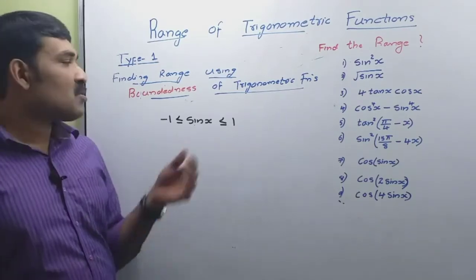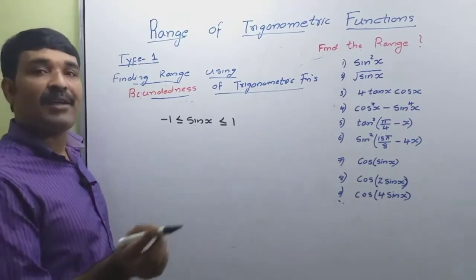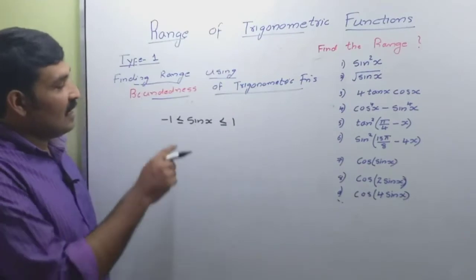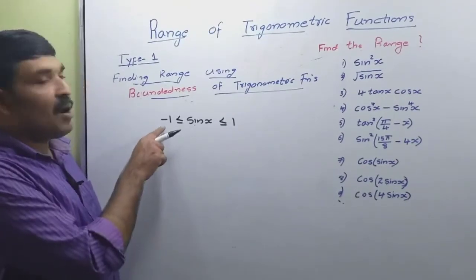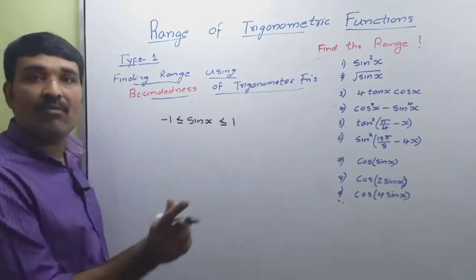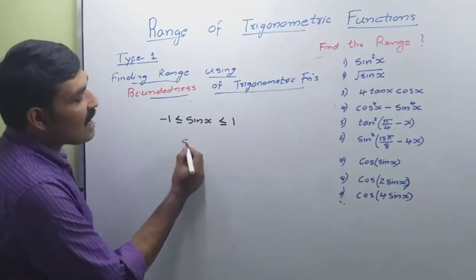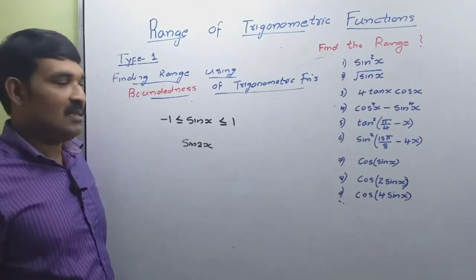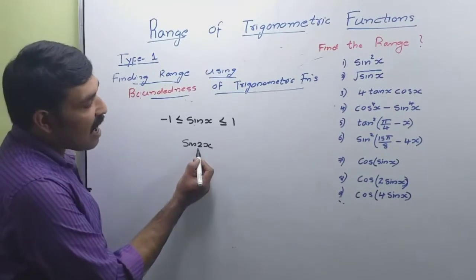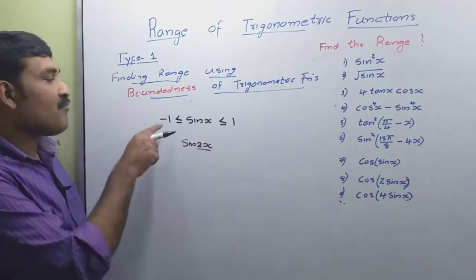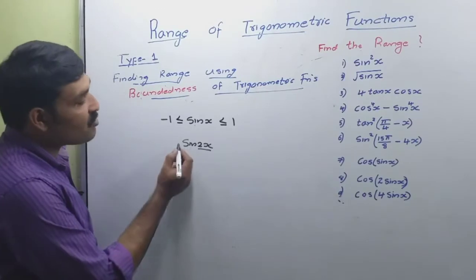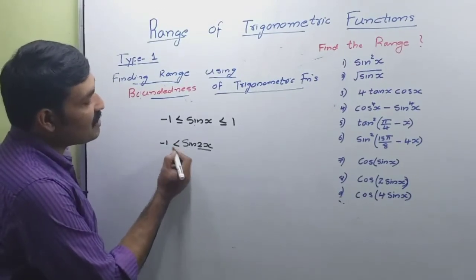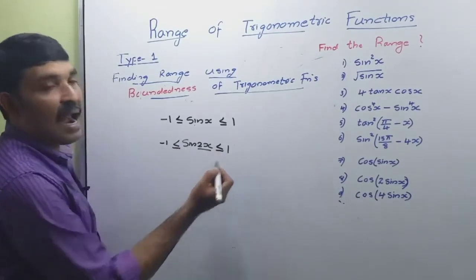Now suppose there is any change in the argument, that is the value of x. Will it affect the bounds, the values minus 1 and 1? Consider sine 2x. What is the range of sine 2x? Any change in the argument does not affect the range. That means sine 2x also lies between minus 1 and 1.